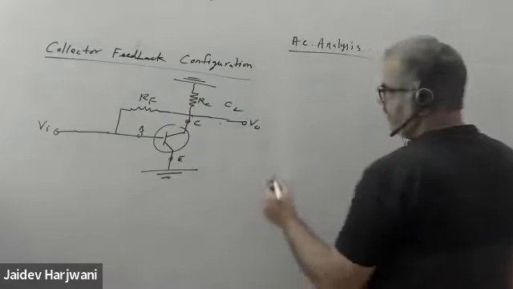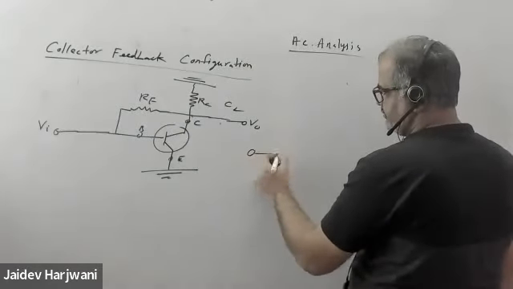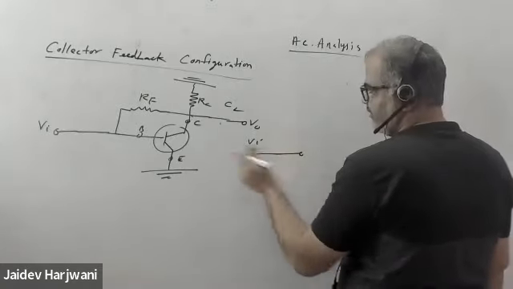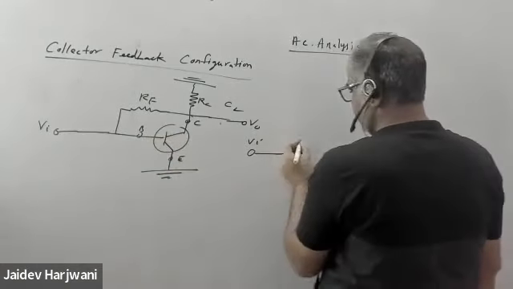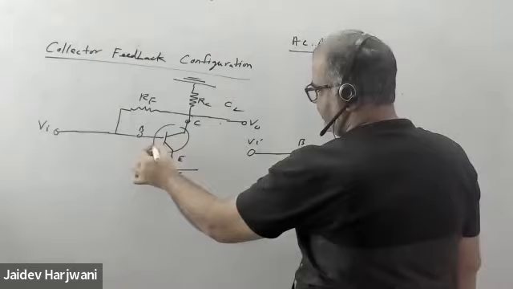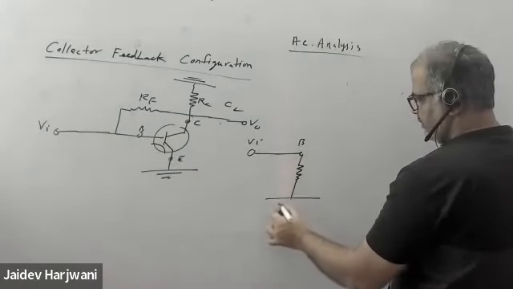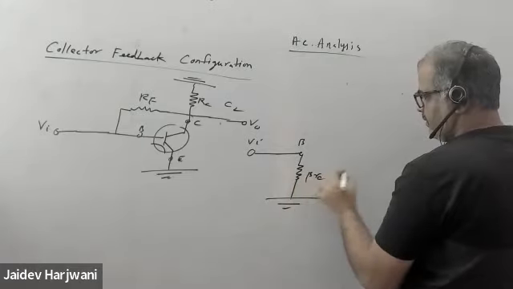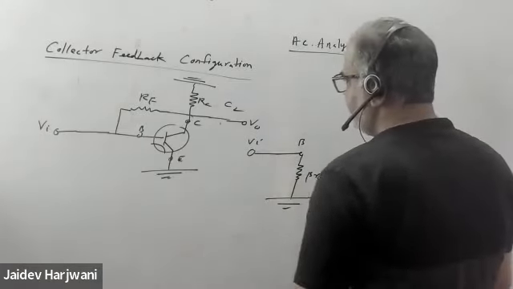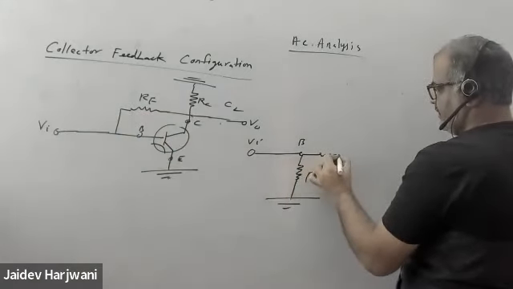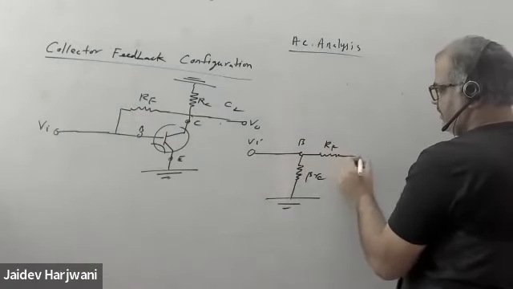You have V input here, and that is connected to terminal B. This is terminal B, and then you have beta RE. And from B to C, RF is there. So you have B, then RF, and this is your collector.